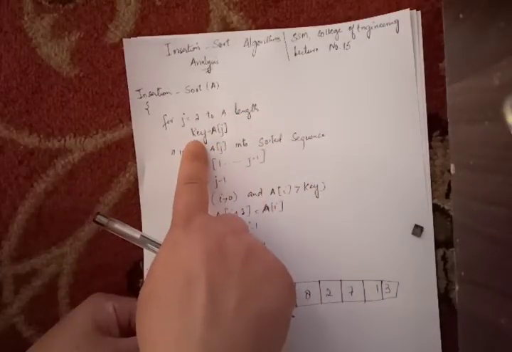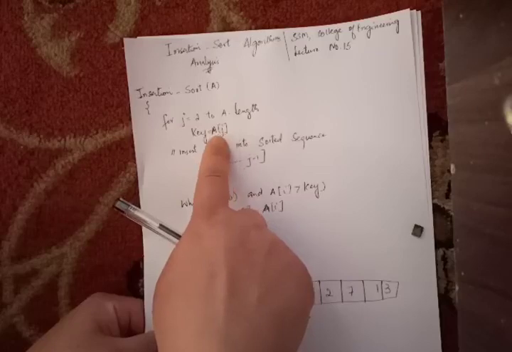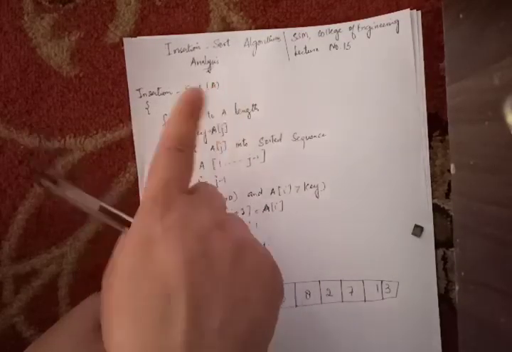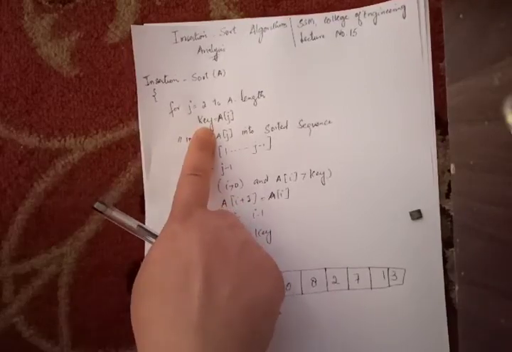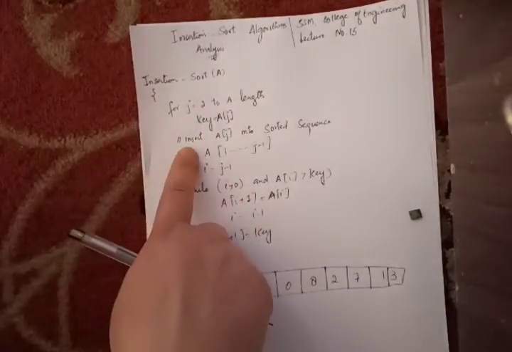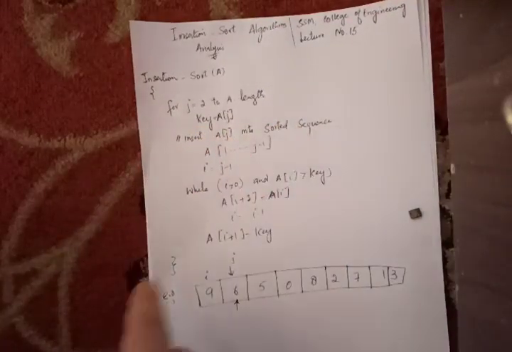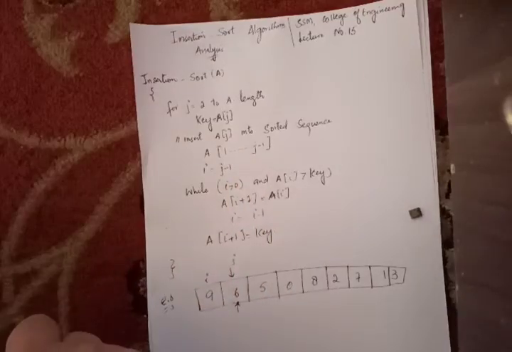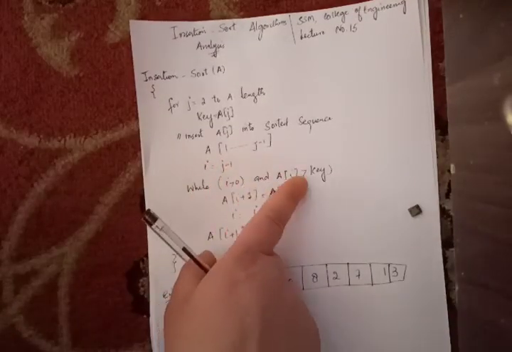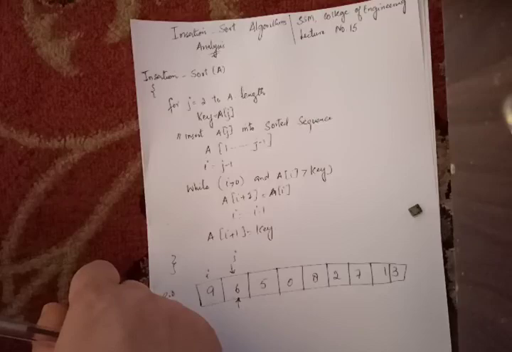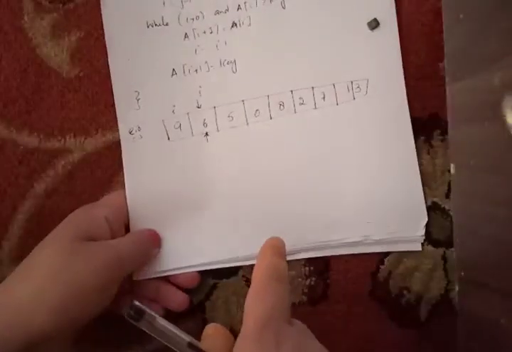Then we set key equal to A[j]. Whichever element is present at that point of time, we put it in a variable called key. Insert A[j] into the sorted sequence. If it is lesser or greater, then we sort them. Then i is equal to j minus 1, and so on. We keep on doing this till the whole list gets sorted.